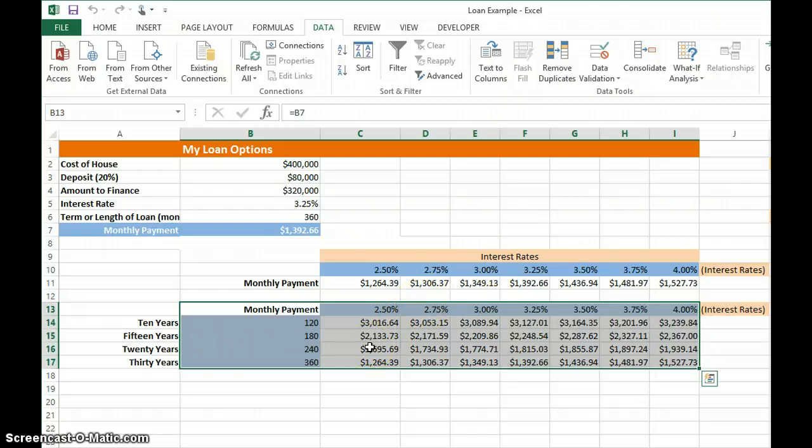Just as a sanity check, we say if the interest rate goes up, do we pay more? Well, we're paying 3,000 a month there and 3,200 there. So yes, it does. Does the amount we pay go down the longer we pay it for? Because we're paying the same amount over a longer period, and we can see yes, it does.